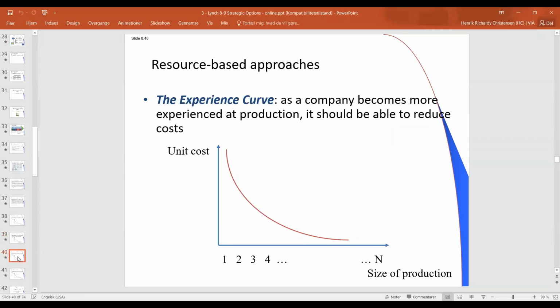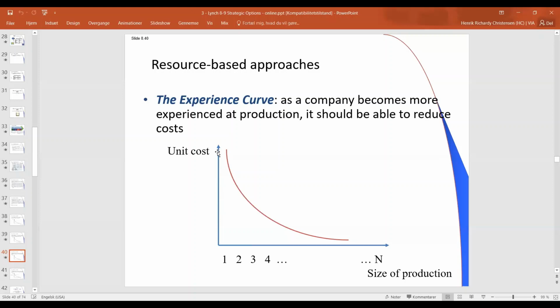And the last one, the experience curve. Here, the idea is that a company becomes more experienced at production. Let's go back to your kitchen. You produce 1 pizza. The cost of it is, let's say, 20. And that goes with labor cost and the cost of the ingredients that you're using.